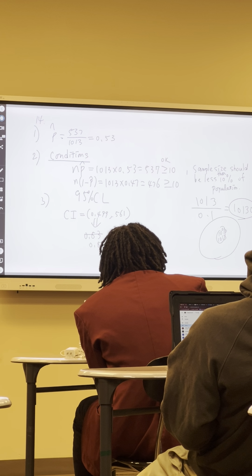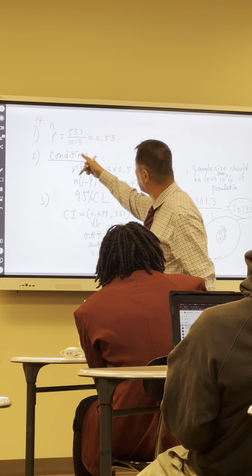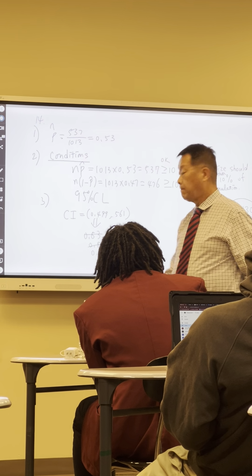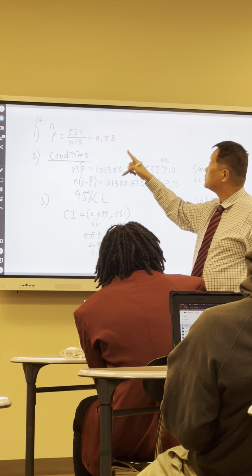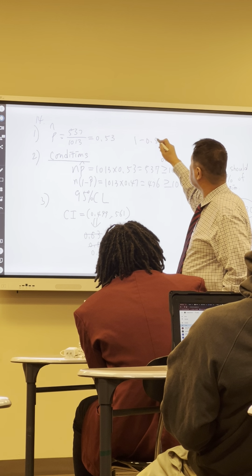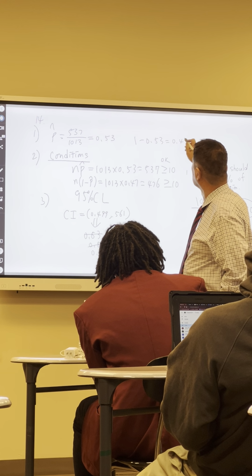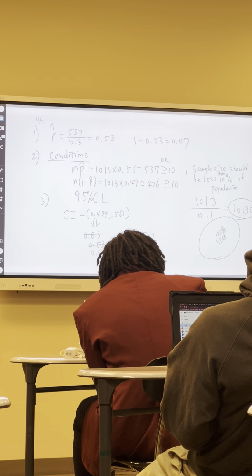Where did the 0.47 come from? Number 1. In the square root, it's 0.53 times 0.47. All the time, P and 1 minus P go hand in hand.